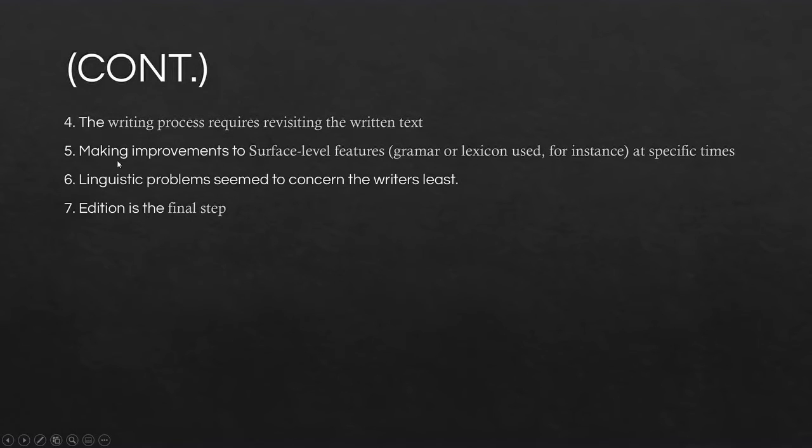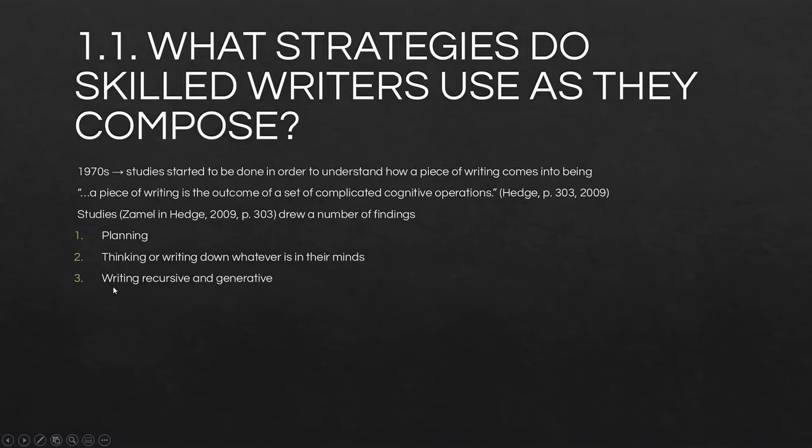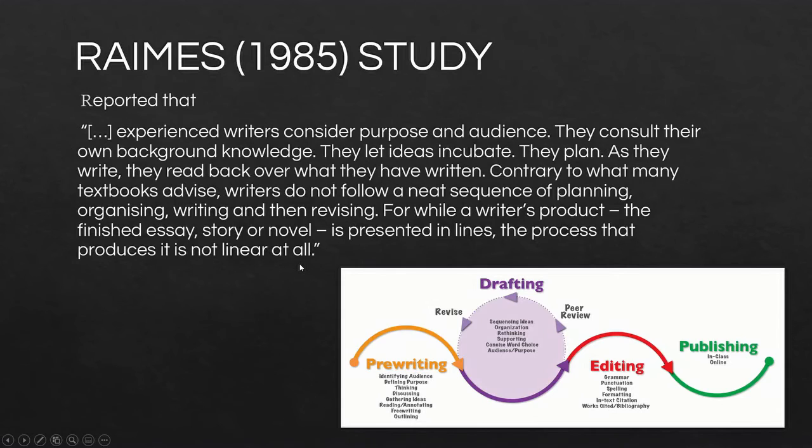In the middle, as you could see here too, in number 3, the writing process is recursive. So skilled writers tend to come back to different places in the writing to delete, replace, move paragraphs around from here to there, as you heard me before.